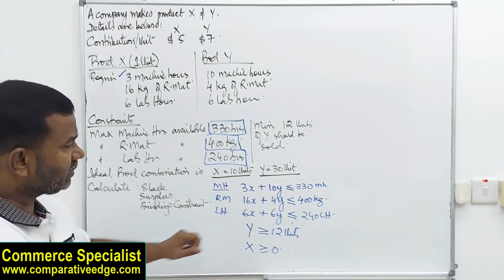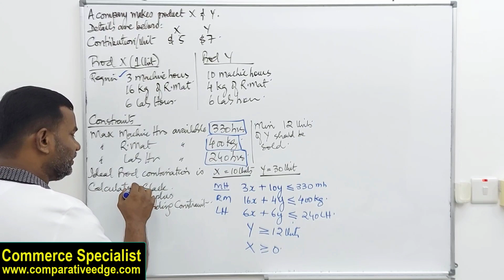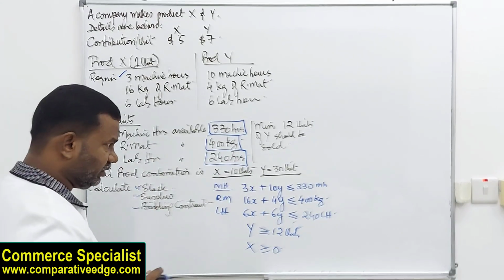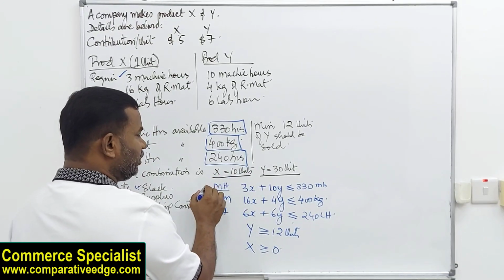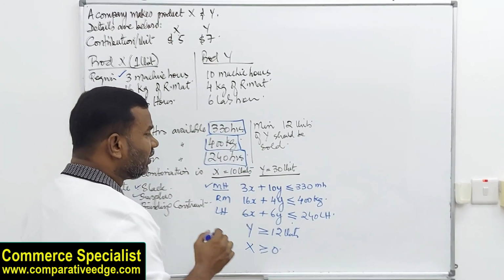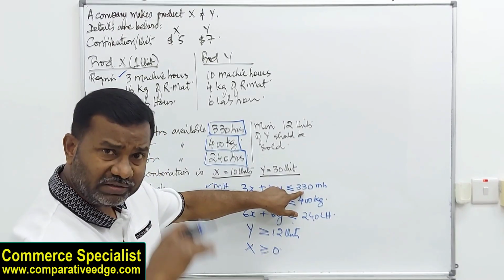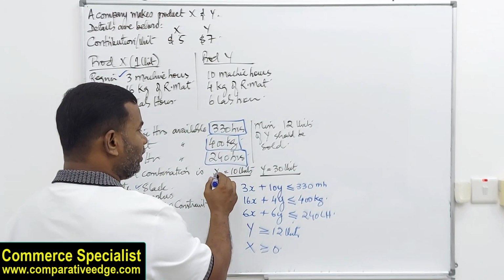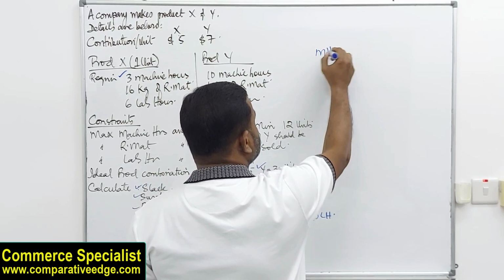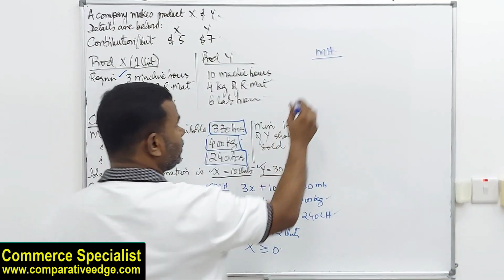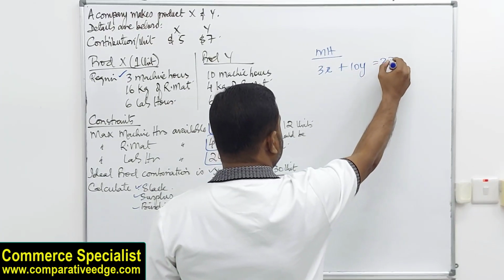Once we have these constraints set, let's talk about slack, surplus and binding constraints. So let's talk about the first equation for machine hours. We are going to check, are we using 330 hours or less than that? So the ideal combination is X is 10, Y is 30. For machine hours, this is my equation, 3X plus 10Y is equal to 330.